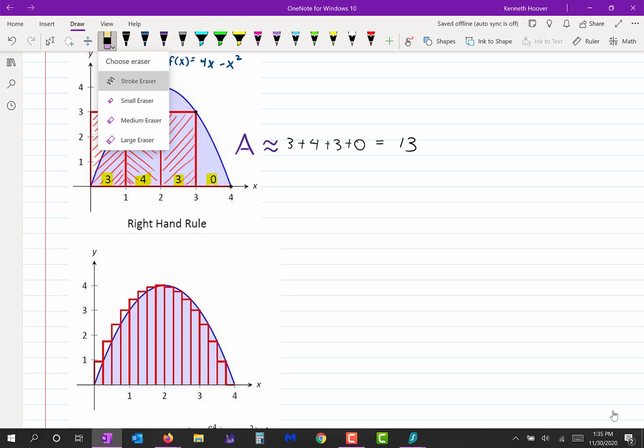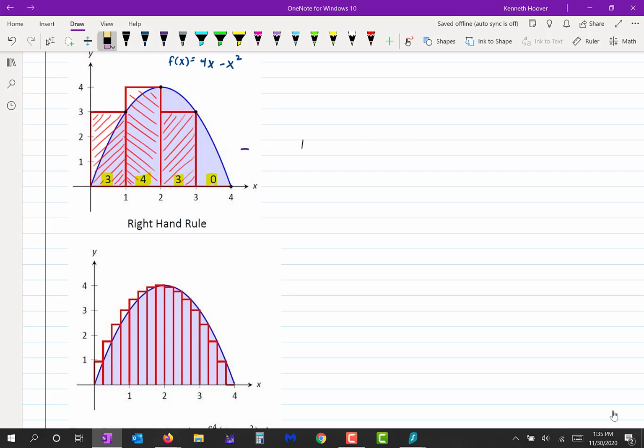I'm going to erase this calculation here, and erase some of this writing that I drew in the picture. So let's use n for the number of rectangles. I'm just going to write n equals number of rectangles.